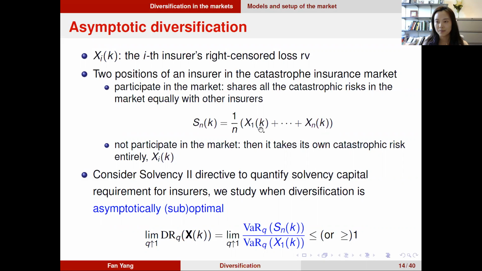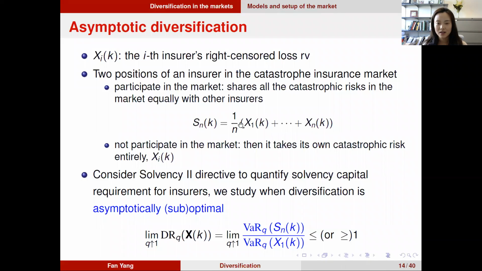So that's how they participate in the market. Since they share equally, for all the risks X1 to Xn in the market, Sn∧K is the risk insurer i is taking. If the insurer chooses not to participate in the market, then it will take its own catastrophe risk entirely. That's the risk Xi∧K. Okay.